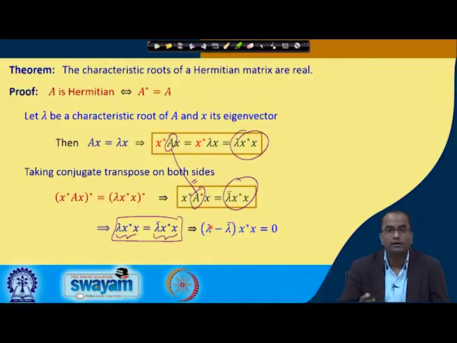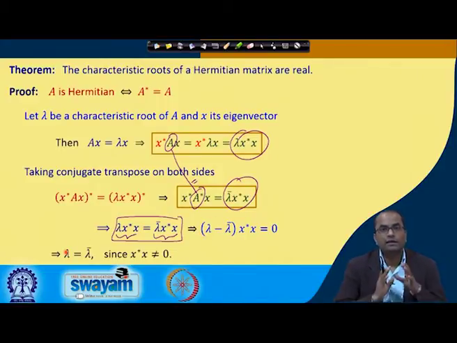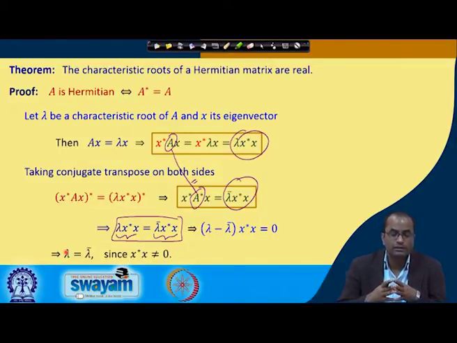So, lambda must be equal to lambda bar, because the other factor cannot be 0. That is what we wanted to see: if lambda is an eigenvalue of a Hermitian matrix, then lambda is equal to lambda bar, meaning it is a real number, it cannot be a complex number.